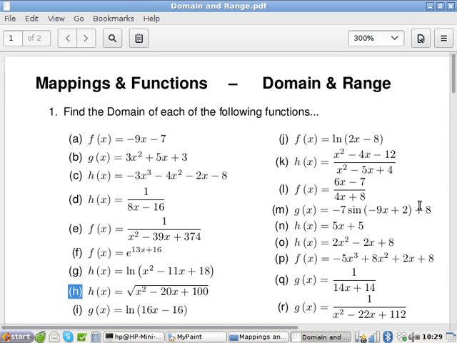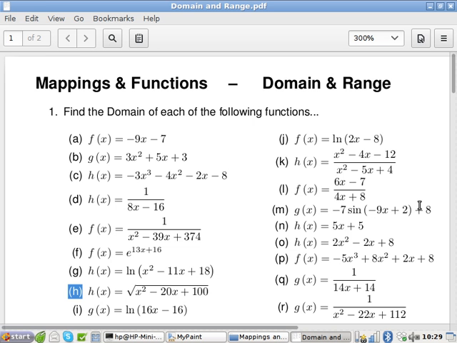When you substitute 1, it becomes 1 minus 5 plus 4, which is 0, and we don't want that. So it's except 1 and 4.